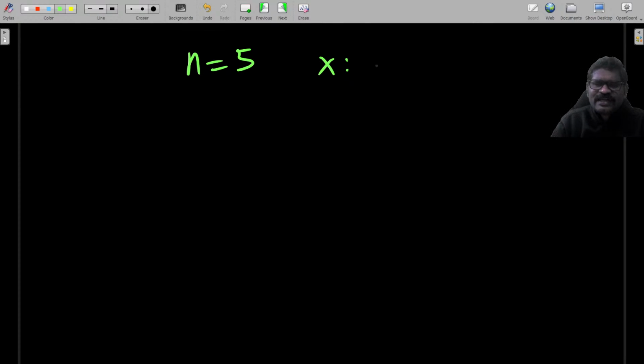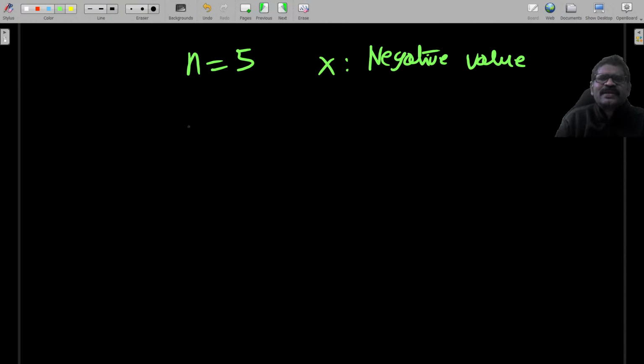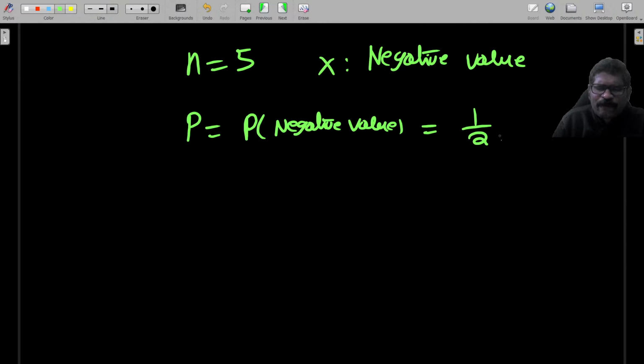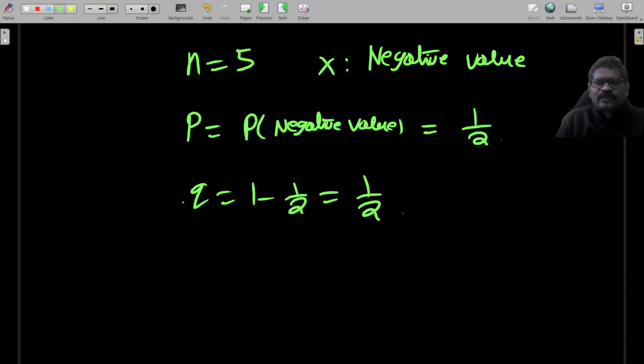X counts the number of times a negative value appears. Now P, the probability of getting a negative value, is 1/2 because positive and negative values are equally likely in a random experiment. That is mentioned in the data. Both are equally likely, so the probability of getting a negative value is 50%. The probability of getting a positive value is also 50%. That's why Q is 1 minus 1/2, that is 1/2.